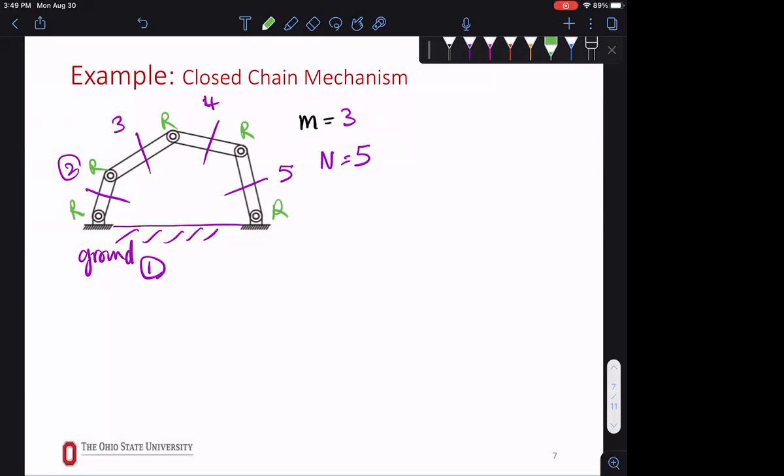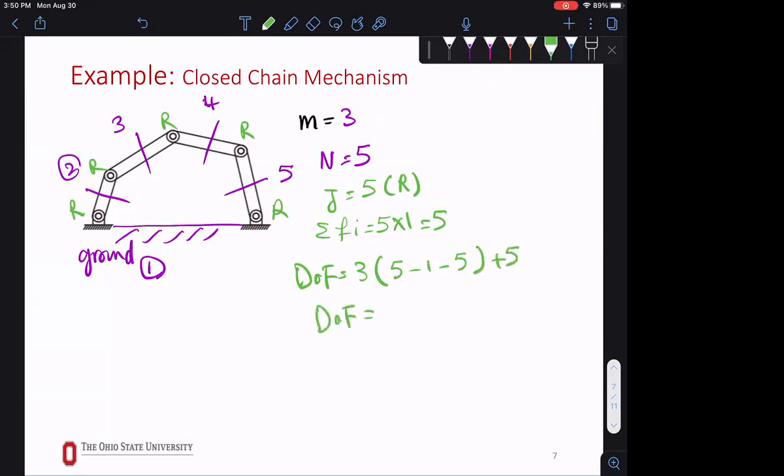This shows the circle. So 1, 2, 3, 4, 5. J is 5. Sigma Fi is also 5 times 1, which is 5. So this is 5R. DOF is going to be 3 times 5 minus 1 minus 5 plus 5. DOF is 2.